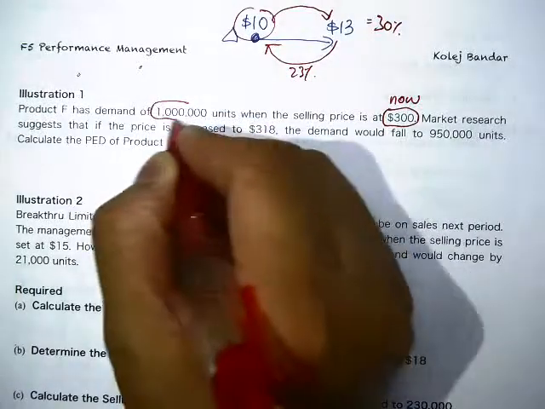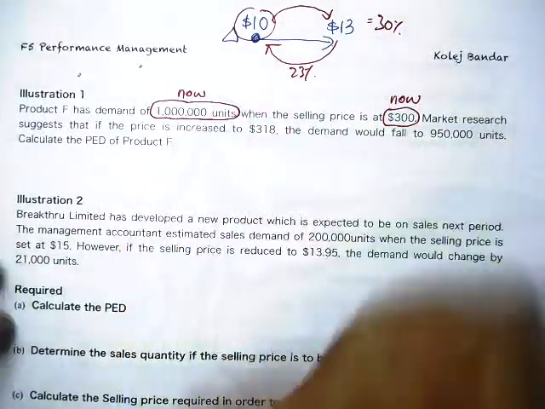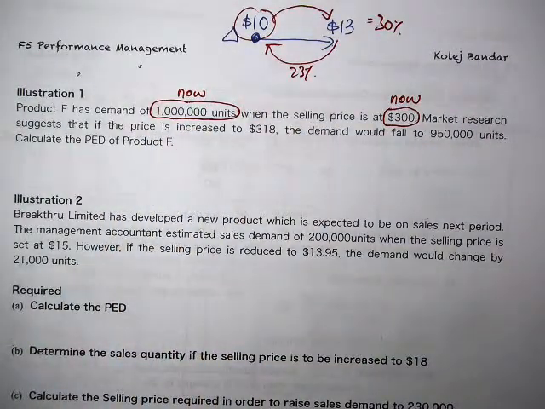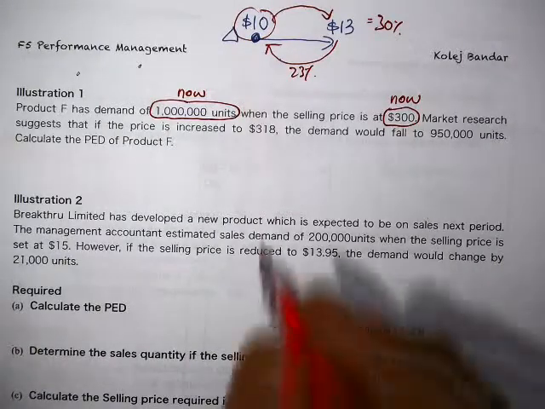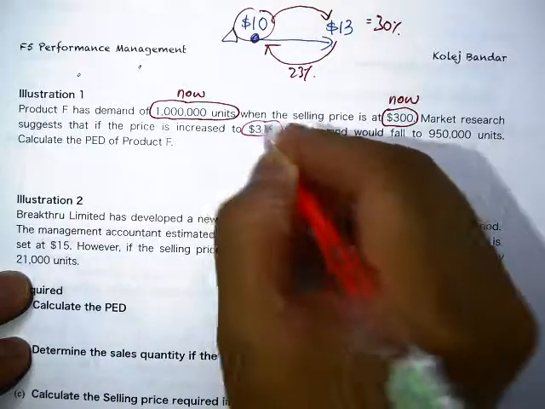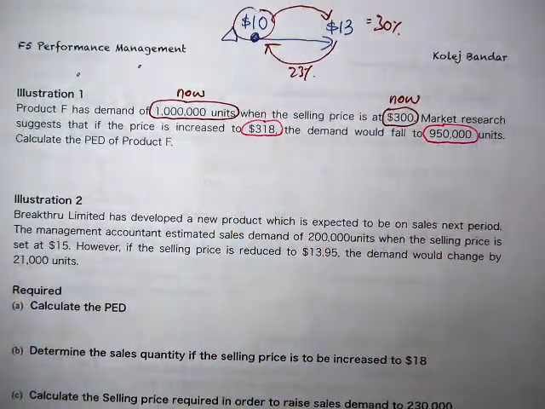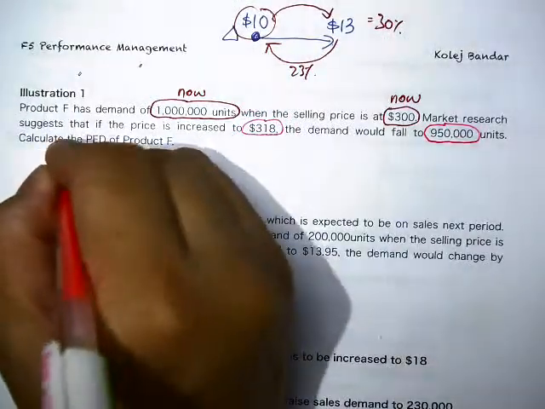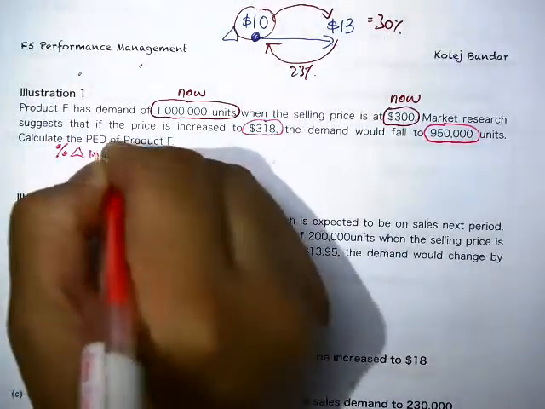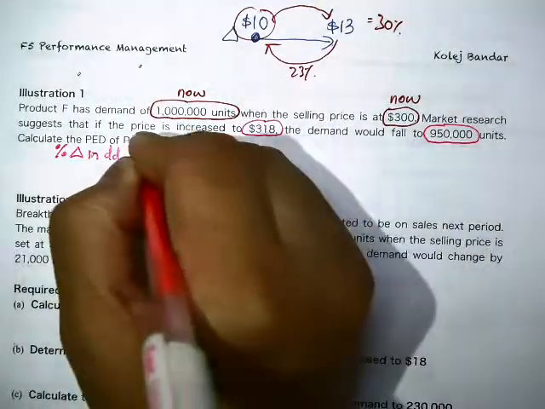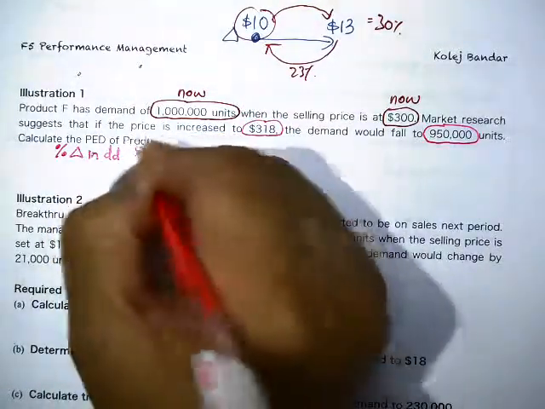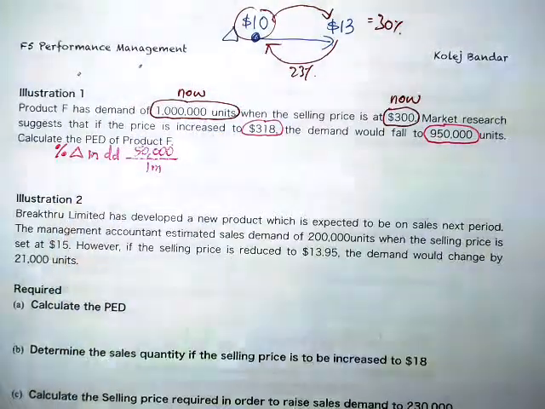now the price is $300, demand is 1 million now. And that they will increase it to 318. And that demand will fall to 950,000. Okay. So the percentage change in demand will be 50,000 out of 1 million.